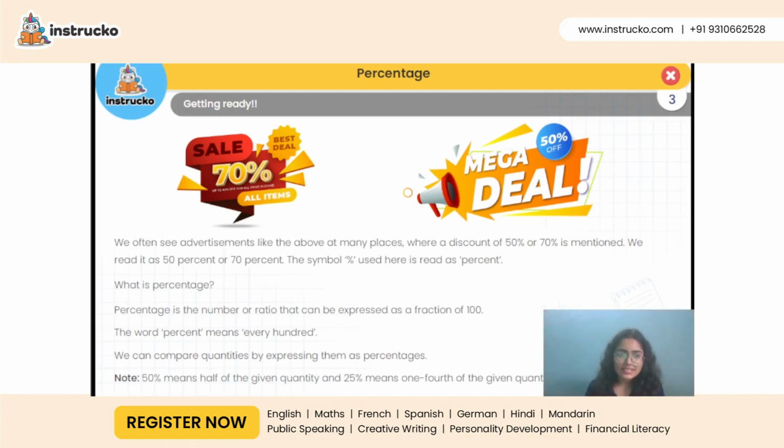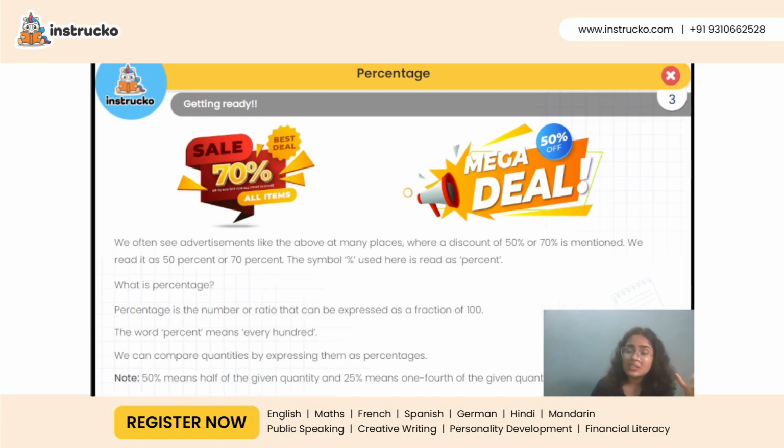Percentage is a number or ratio that can be expressed as a fraction of 100. A lot of words, a lot of things to unpack. So let's understand it in very simple language. A percentage is basically: out of 100, what amount do you have? So when I say 1%, I mean out of the 100, I have 1.